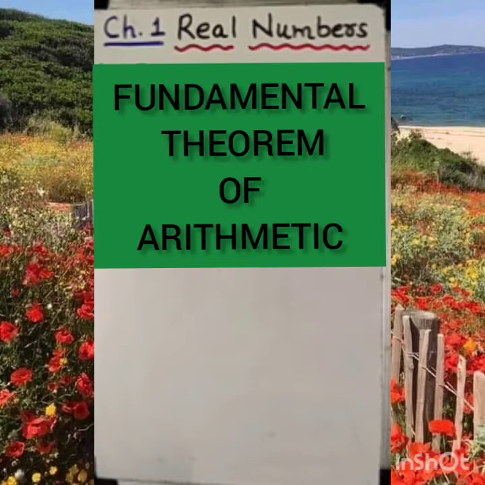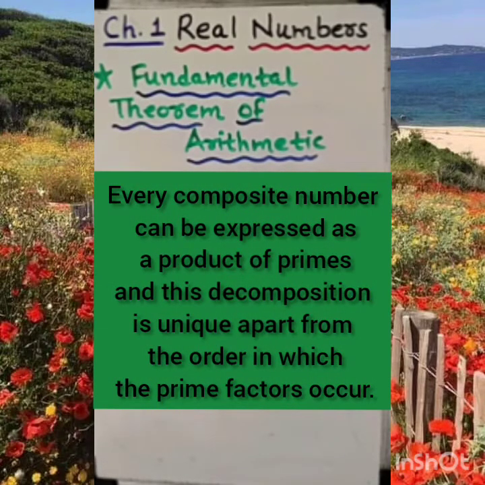So, in chapter 1, Real Numbers, one more important topic that we need to go with is the fundamental theorem of arithmetic. Now, let's try to understand what that is. What is the fundamental theorem? It is on your screen. Every composite number can be expressed as a product of primes, and this decomposition is unique apart from the order in which the prime factors occur.